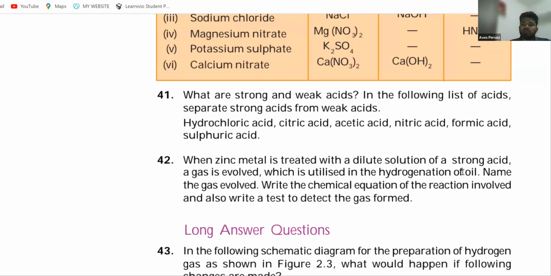Name the gas evolved, write the chemical equation involved, and write the test to detect the gas formed. What should be your answer?